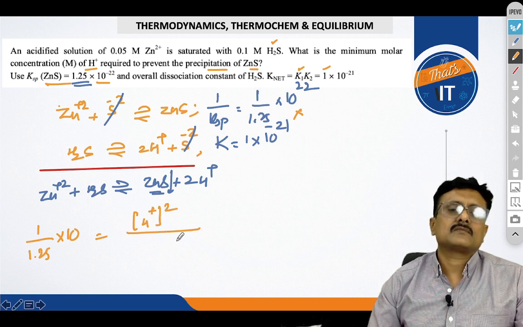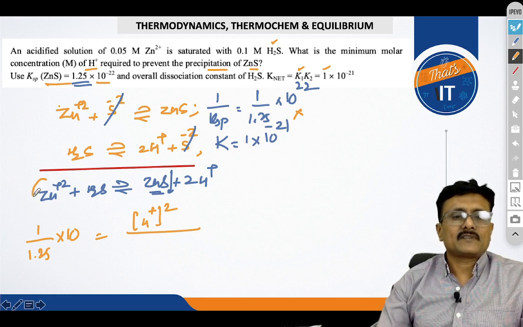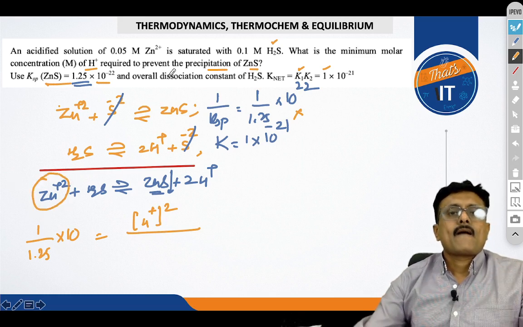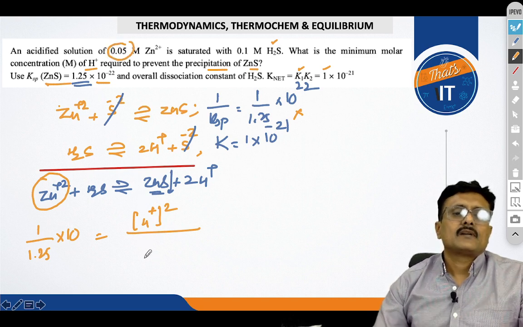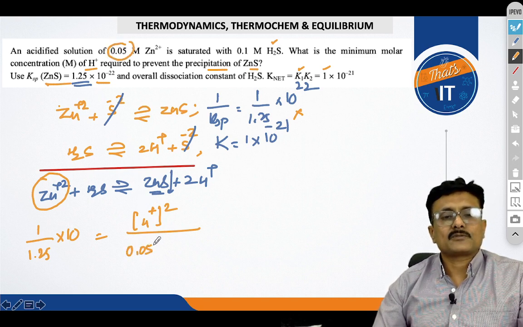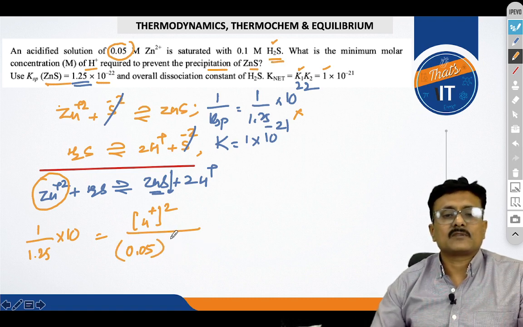Concentration of H+ whole square, that is, you need to find the concentration of H+, and you can see the ZnS is given as how much? 0.05, right? That is the concentration which is supposed to get precipitated, and the amount of H2S required to do that is nothing but 0.1. That's all.